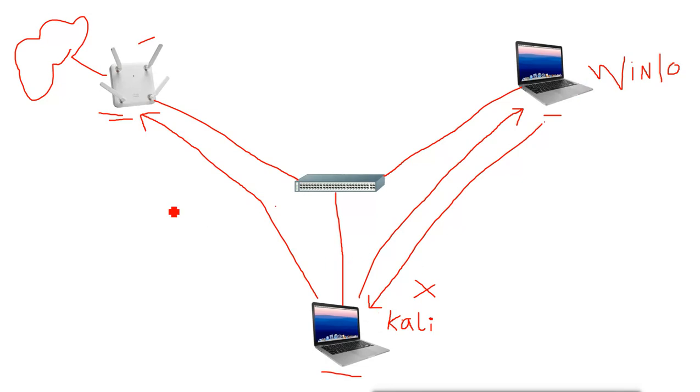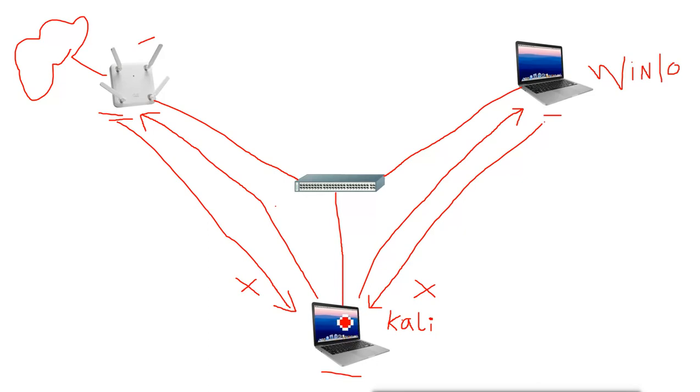The same thing happens if the router sends any packet to Windows 10: it will come to the Kali Linux, but no reply will go back. It will also be dropped on the network layer. Now what we'll do on the Kali Linux is enable packet forwarding, IP forwarding.